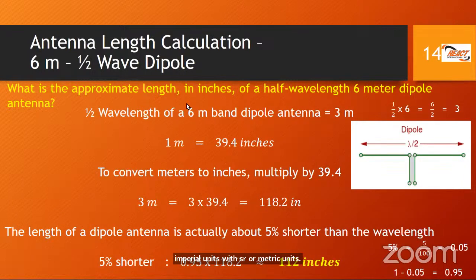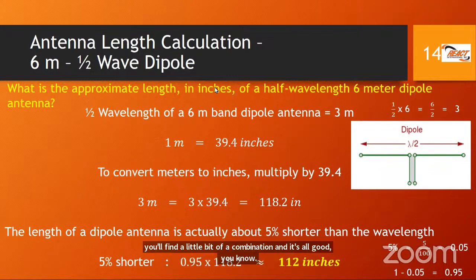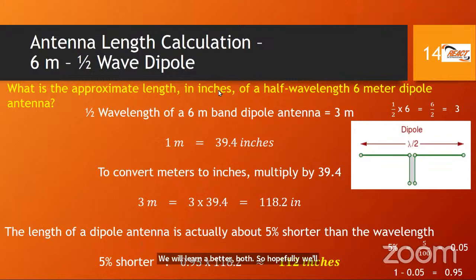Again, remember, we're doing American exams, and in the US, they still use quite a lot of imperial units, right? But science and the scientific community use SI units or the metric system. So you'll find a little bit of a combination, and it's all good. We will learn a bit about both. So hopefully we'll be quite comfortable switching between the two.